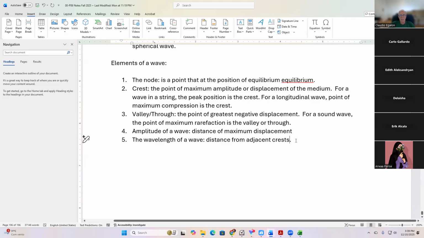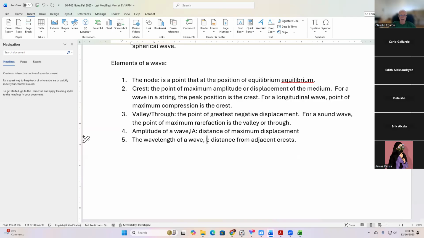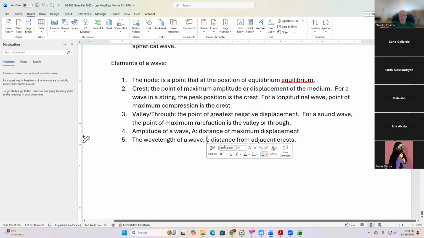Better. Amplitude of a wave is usually represented by the letter A. The wavelength of a wave is usually represented by the Greek letter L, and the Greek letter L is called lambda.